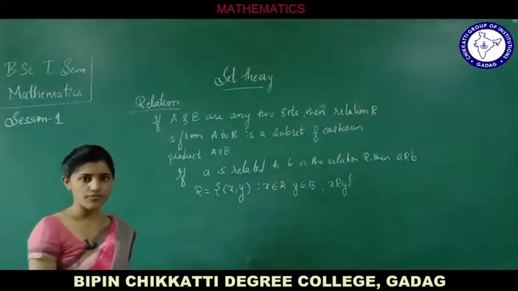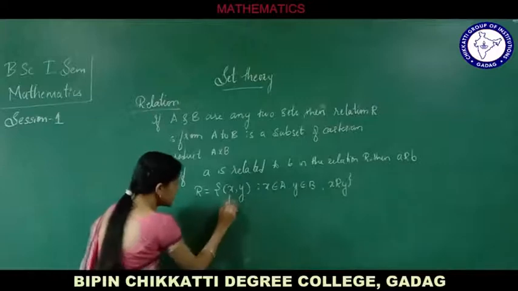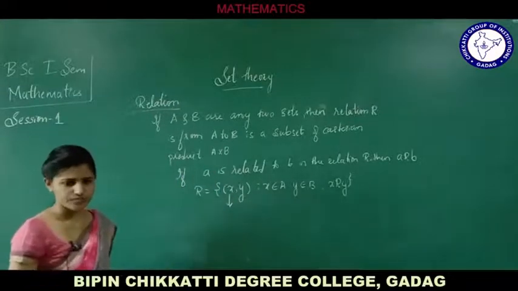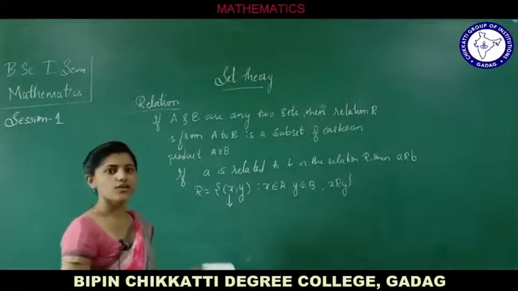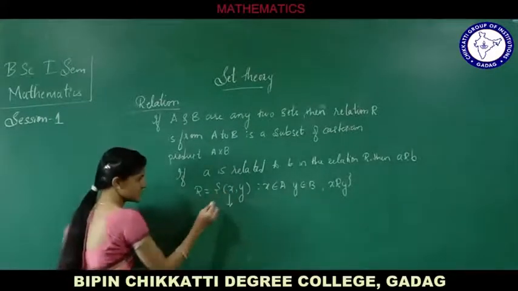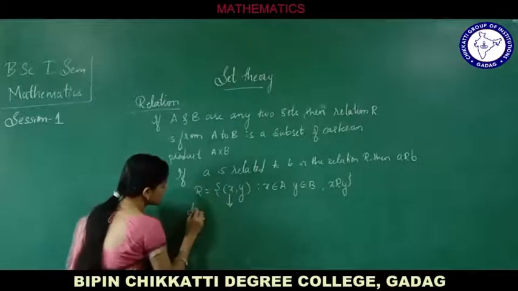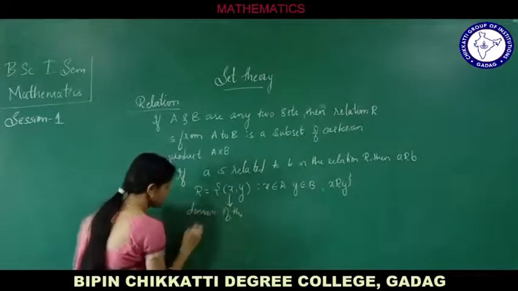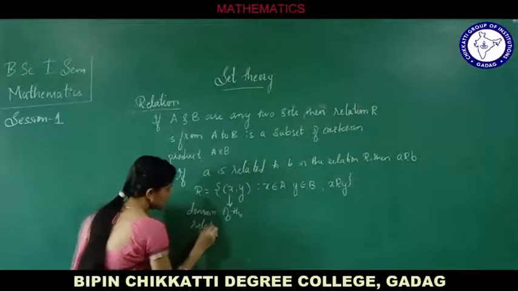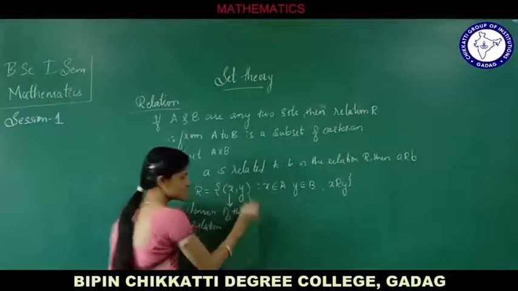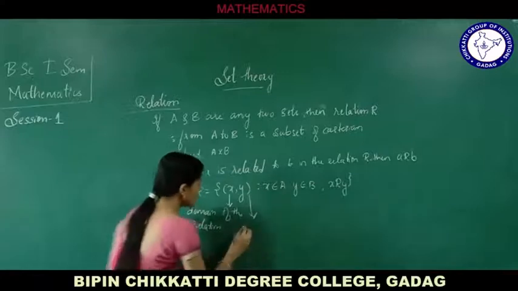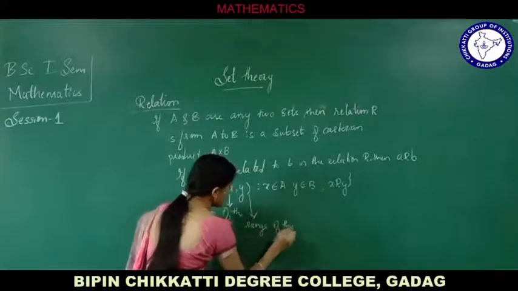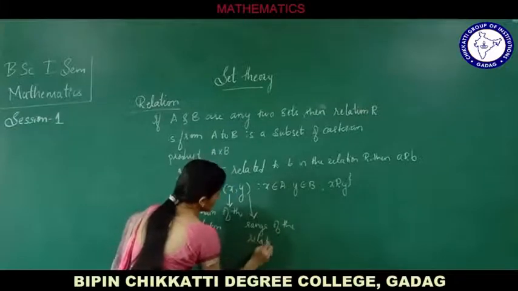The set of first entries is called the domain of the relation, whereas the set of second entries is called the range of the relation.